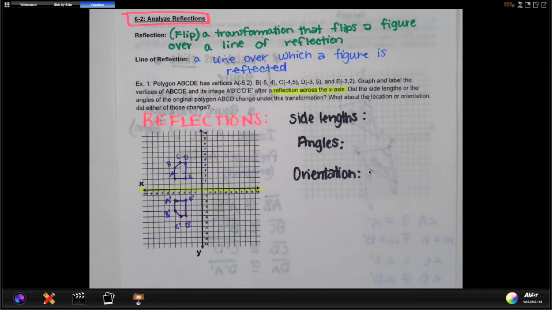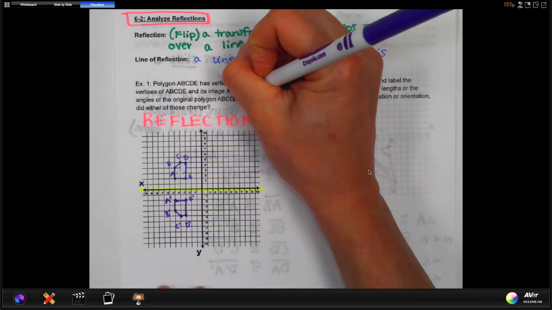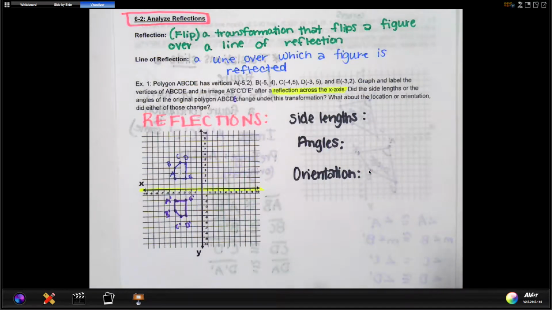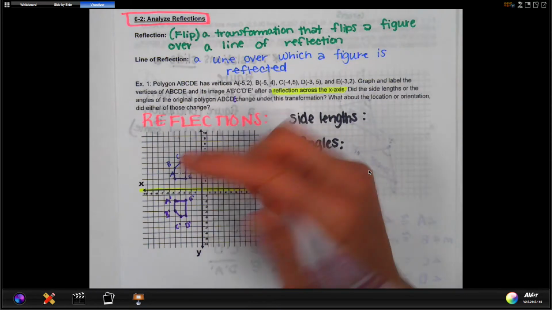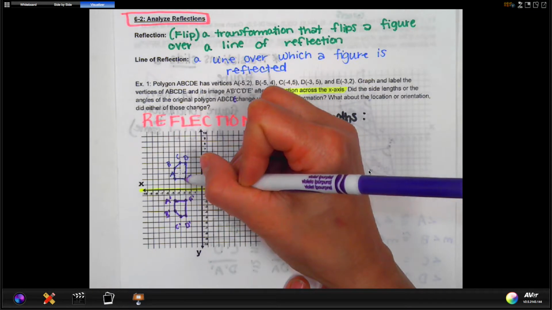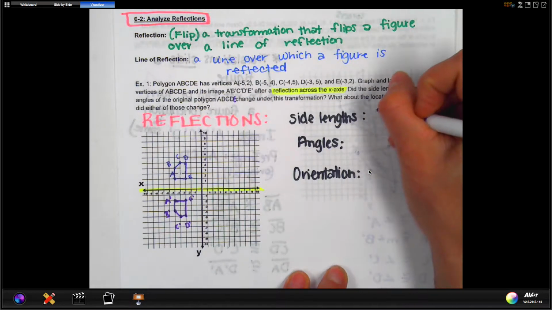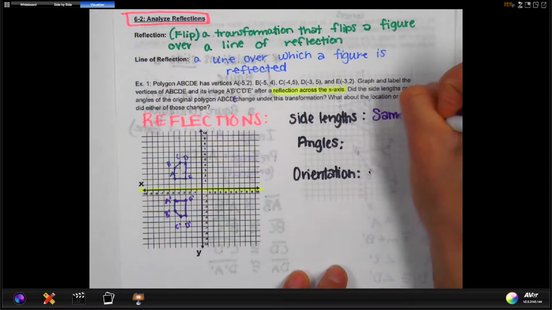Now, it says, did the side lengths or the angles of the original polygon change? I made a mistake here. It should say A, B, C, D, E under this transformation. The side lengths, if you notice, D to E is 3 units, so D prime to E prime is also 3 units. The side lengths remained the same.